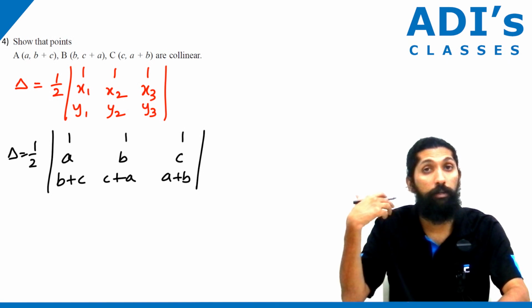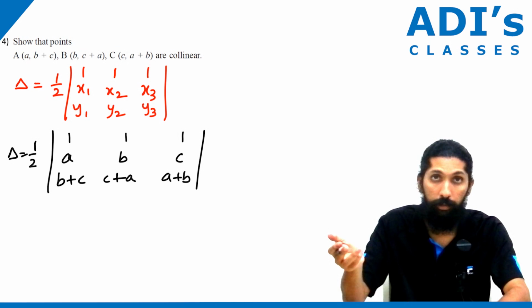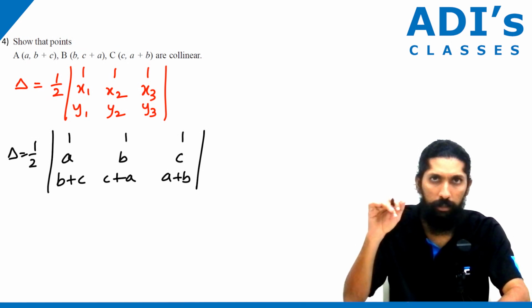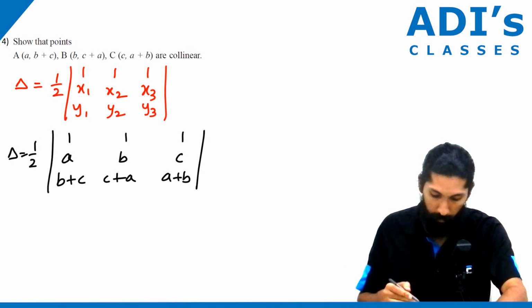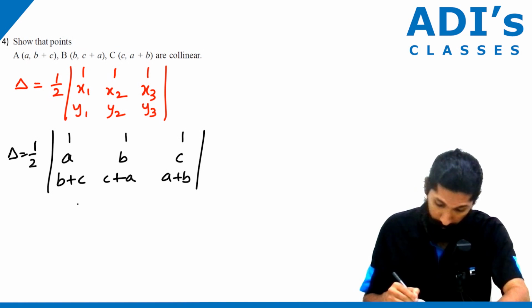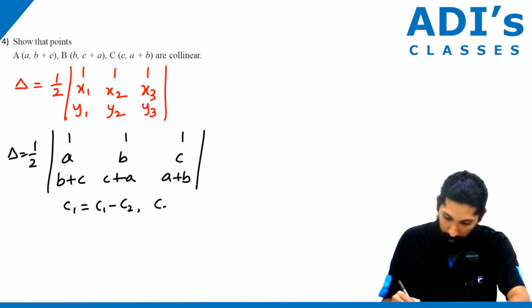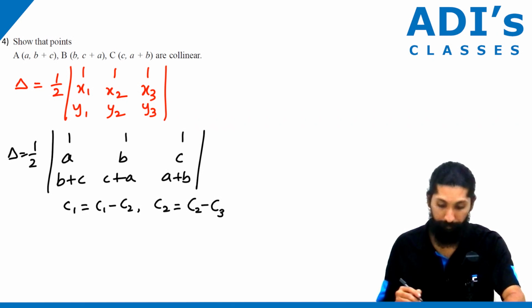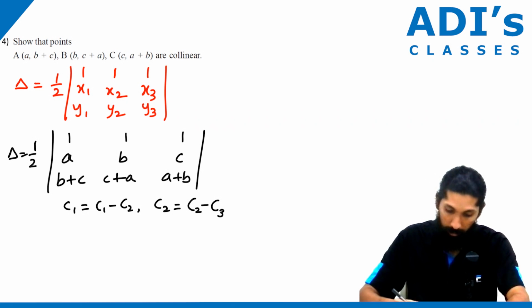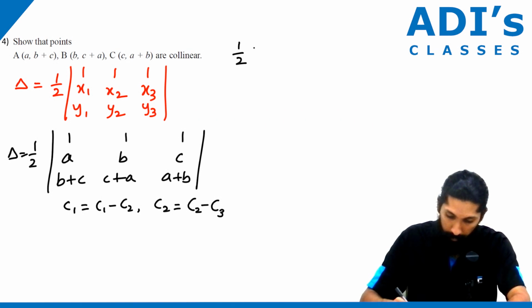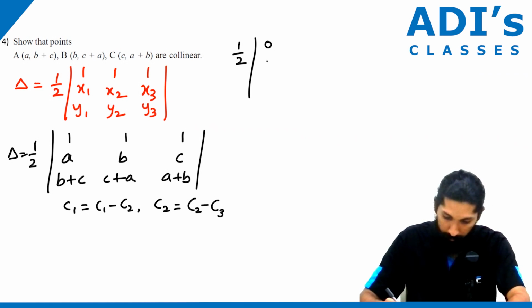Now you can use different rules of determinants and you can solve this one very, very easily. So first I'll use column transformation. We'll use C1 is equal to C1 minus C2. C2 is equal to C2 minus C3.